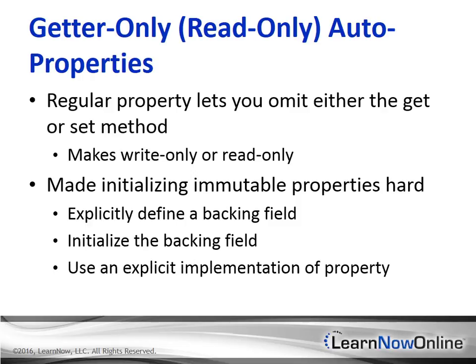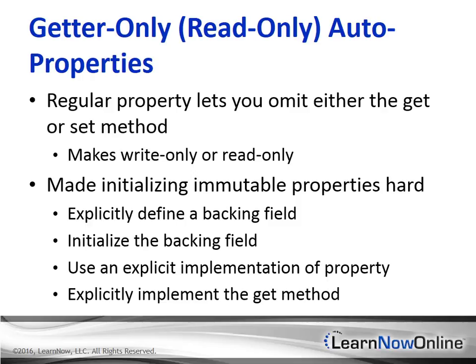You have to include an explicit implementation of the property rather than using an automatic property. And you need to explicitly implement the get method that returns the value of the backing field. And the result of all this is a fair bit of code for what really should be pretty simple. And you have to do this over and over for every read-only property of the class.